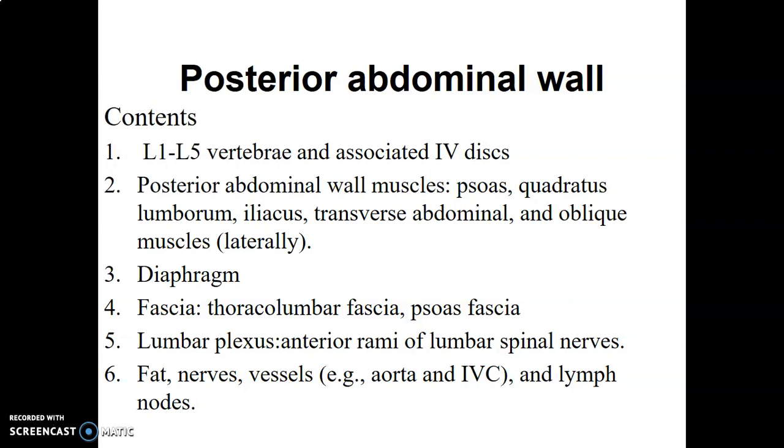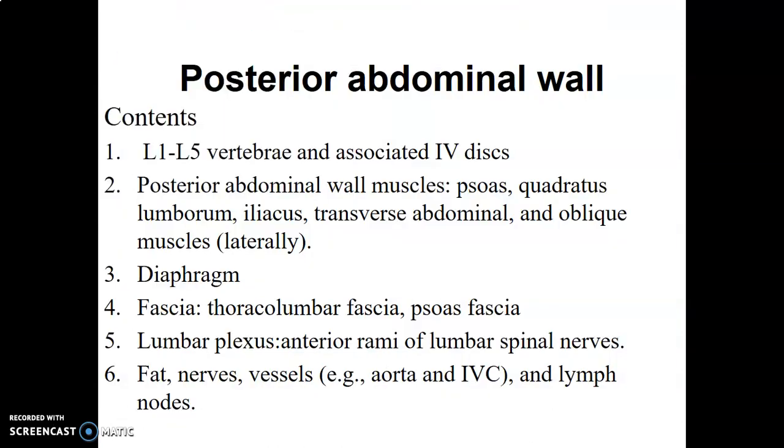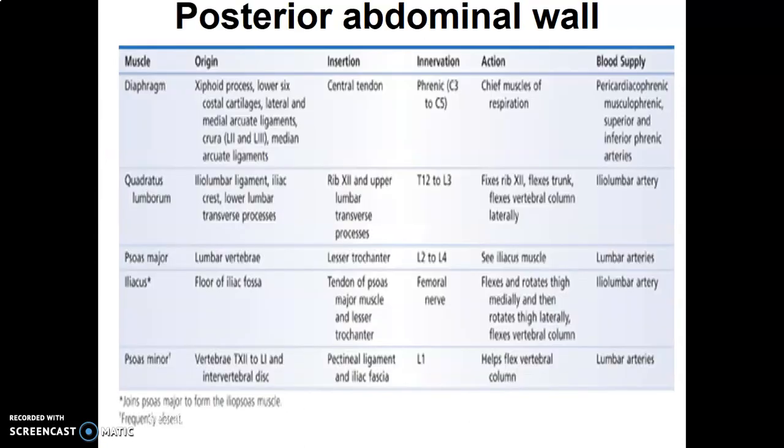So basically, the whole lecture on the retroperitoneum has discussed these structures extensively, and there's a separate lecture on the thoracic diaphragm. These are the muscles of the posterior abdominal wall: the diaphragm, quadratus lumborum, psoas major, iliacus, and psoas minor. They're supplied by lumbar arteries and iliolumbar arteries, except the diaphragm.